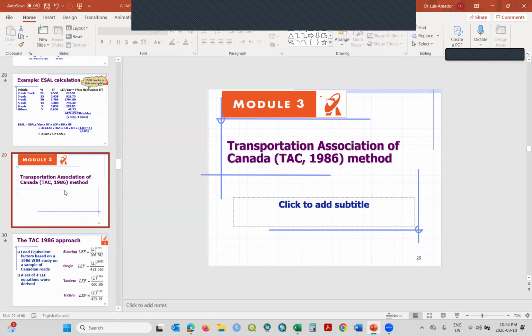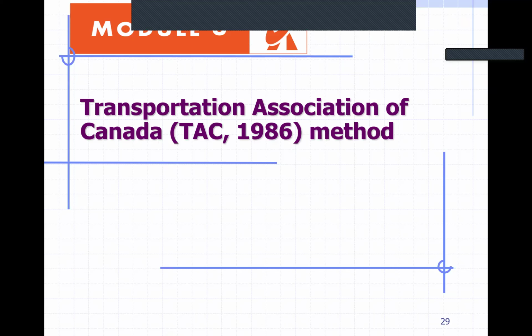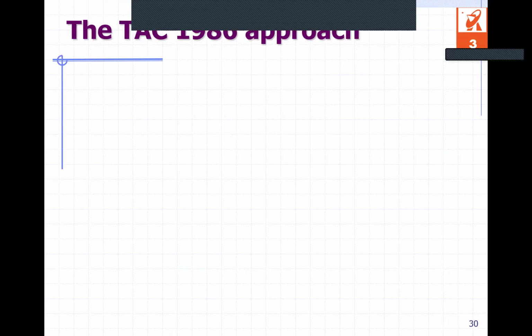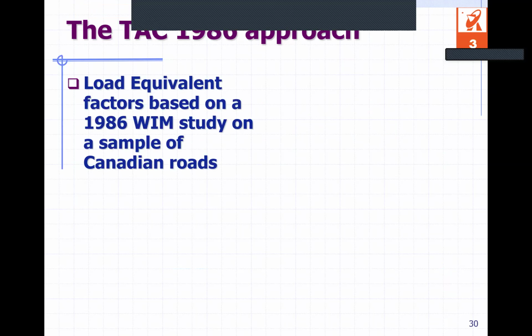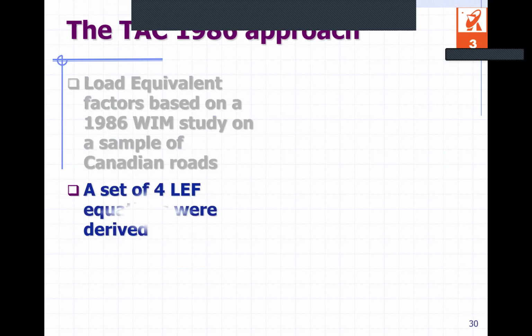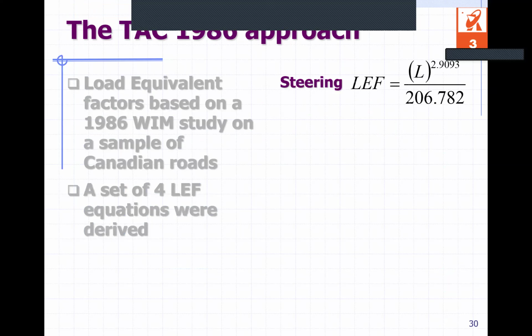However, we also have another method in Canada, proposed by the Transportation Association of Canada. This method is similar. It was based on a study that they did and produced equations. So instead of the table, you will look at equations.